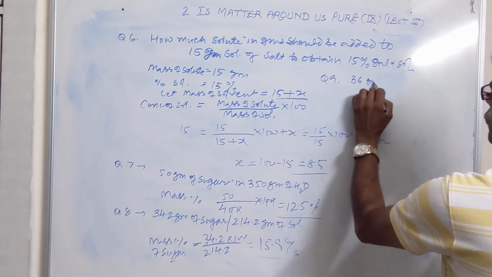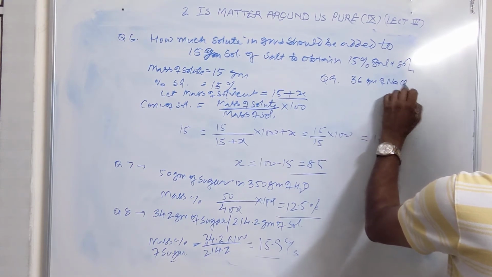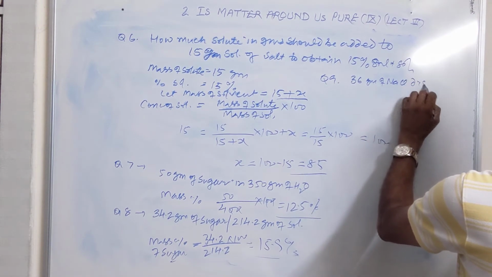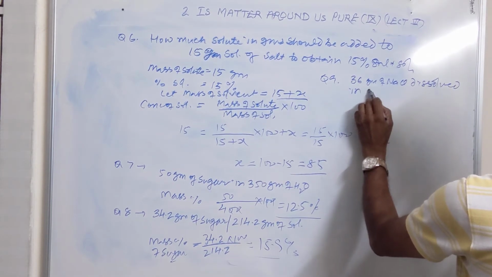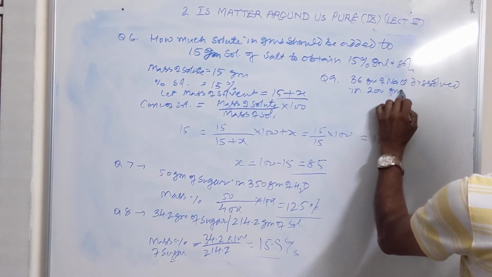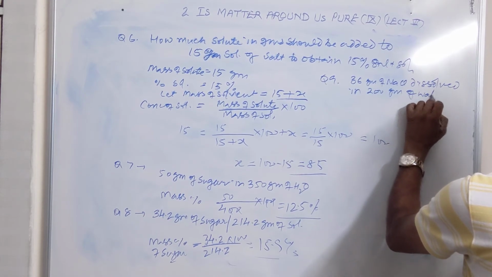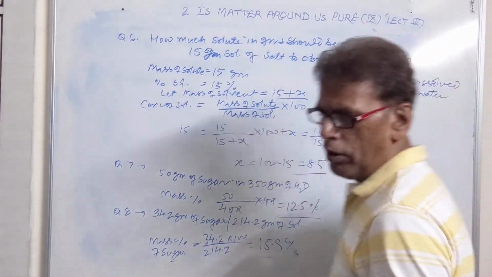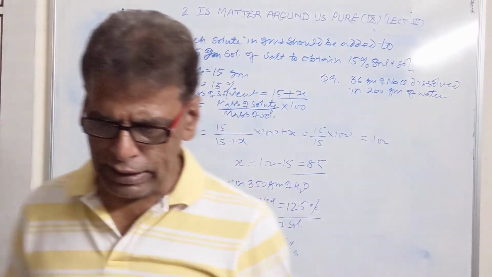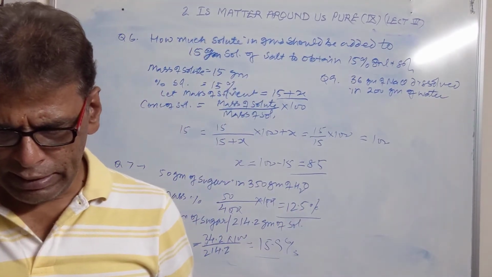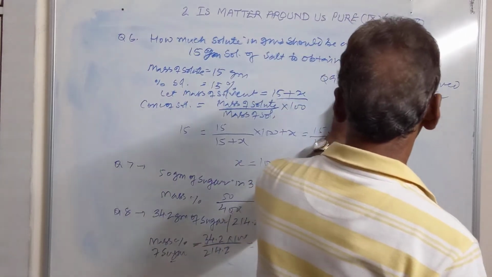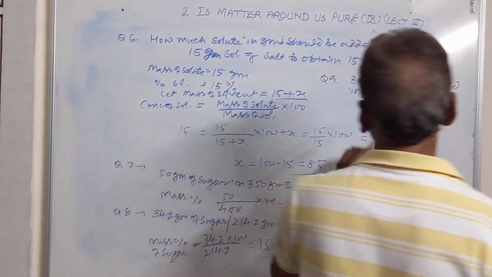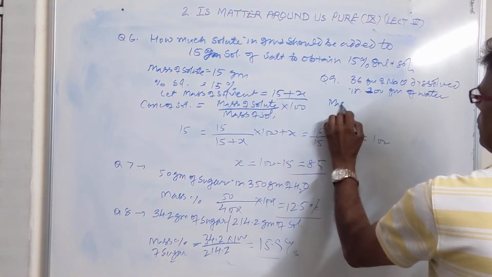36 gram of NaCl dissolved in how much gram of water has he taken? That is 100 gram of water. Find out the mass percentage of NaCl.